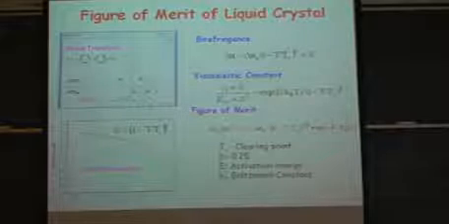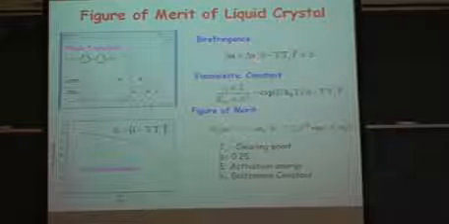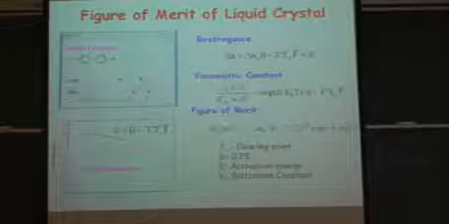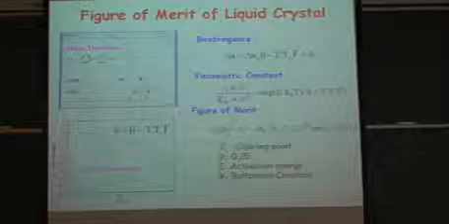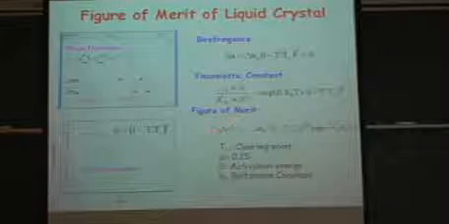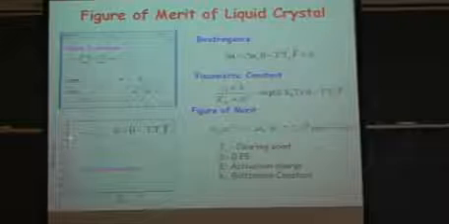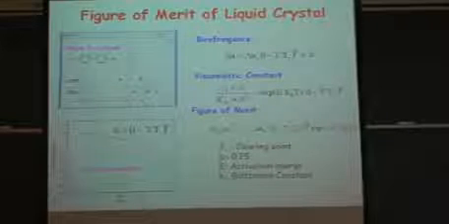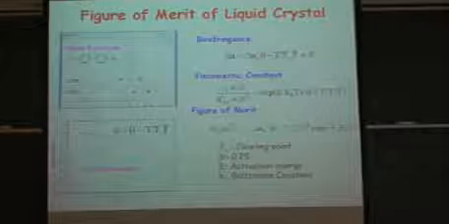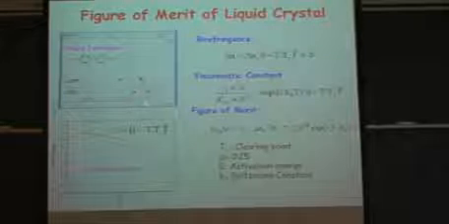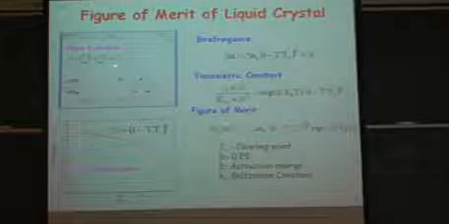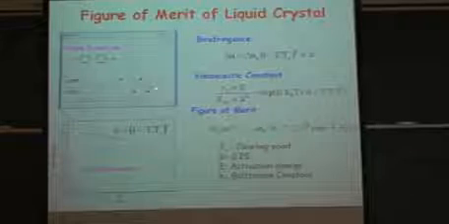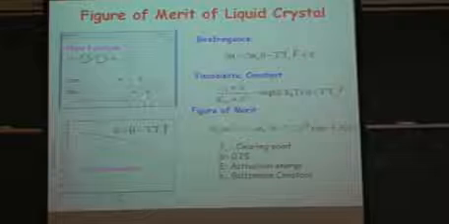Actually, almost every physical parameter of liquid crystal, like birefringence and the viscoelastic constant, depends on the order parameter. And the order parameter is determined by the temperature. So for each liquid crystal compound, we need to measure its phase transition. We use differential scanning calorimetry to measure its melting point, clearance point, and the enthalpy.